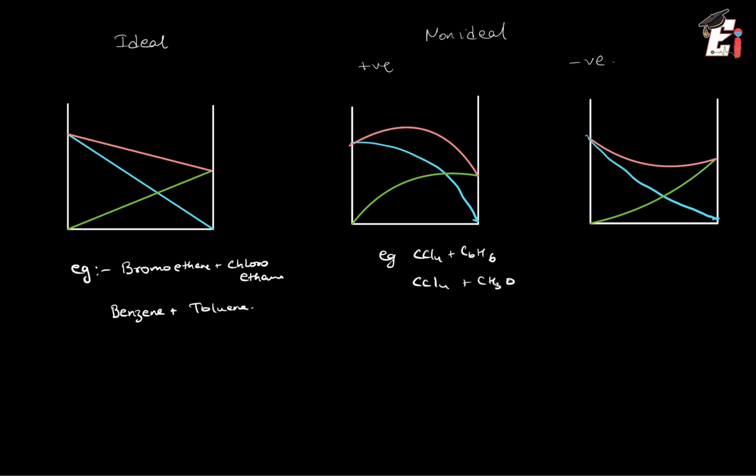CCl4 plus CH3OH, methanol, CCl4 plus C2H5OH, ethanol, C2H5OH, ethanol plus water. So these are examples of positive deviation. Negative deviation examples are going to be, you have to remember these examples.